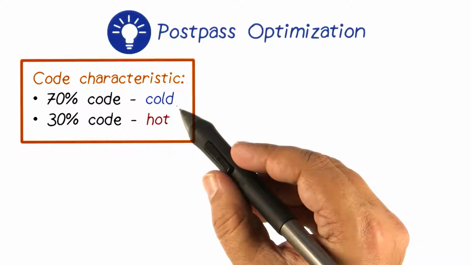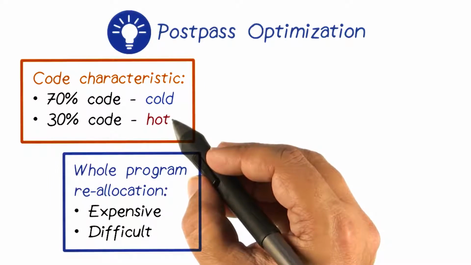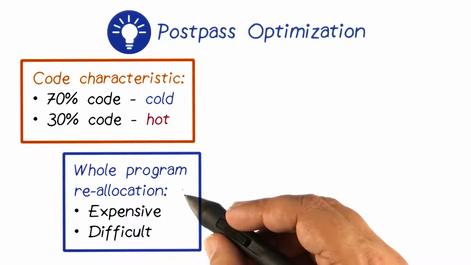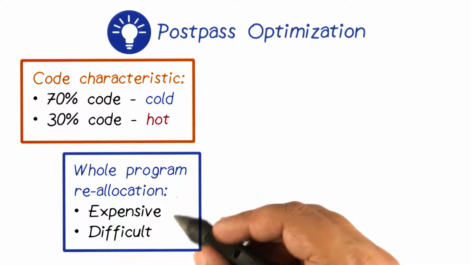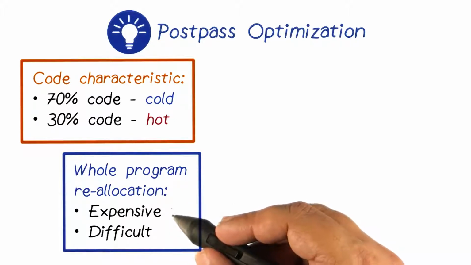And what we are going to do is redo the allocation to bias it towards the hot code. Again, if we bias it towards the hot code, we are going to see that the dynamic activities in the cache will go down, and that is our intention for saving energy. We are going to do this reallocation again just within the function call or procedure calls. Again, doing whole program reallocation is expensive, difficult, and is also not quite effective.